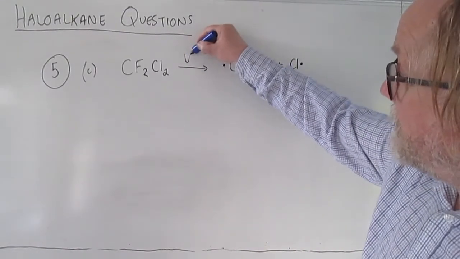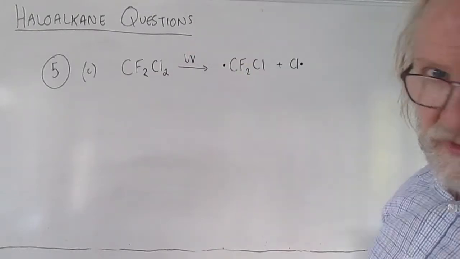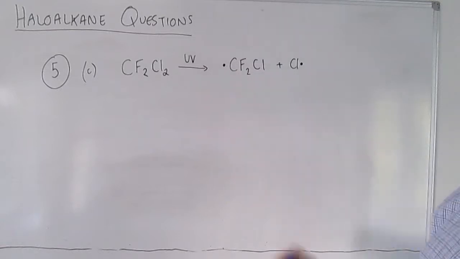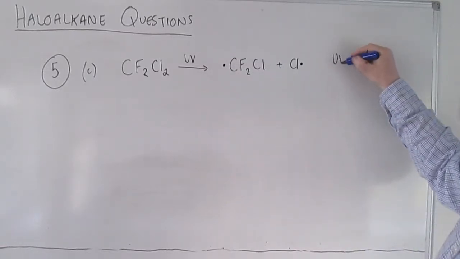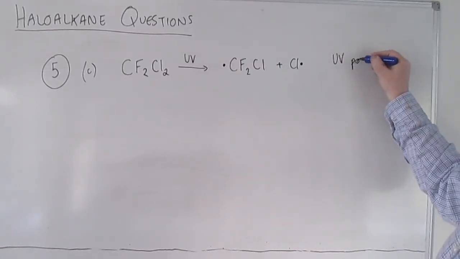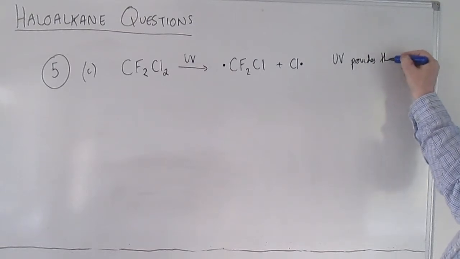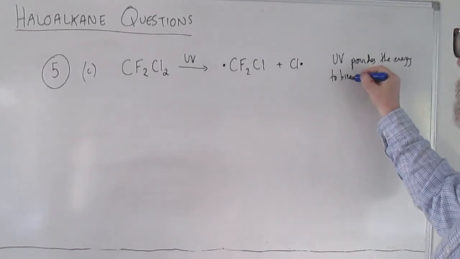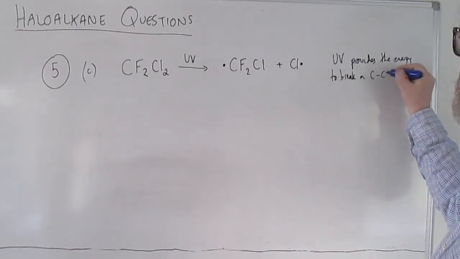And the reason that happens in the upper atmosphere is because there's lots of UV up there, and the UV does it. So it asks us to explain it. So that may be enough, but it's better to spell it out and say that UV provides the energy to break a C-Cl bond.